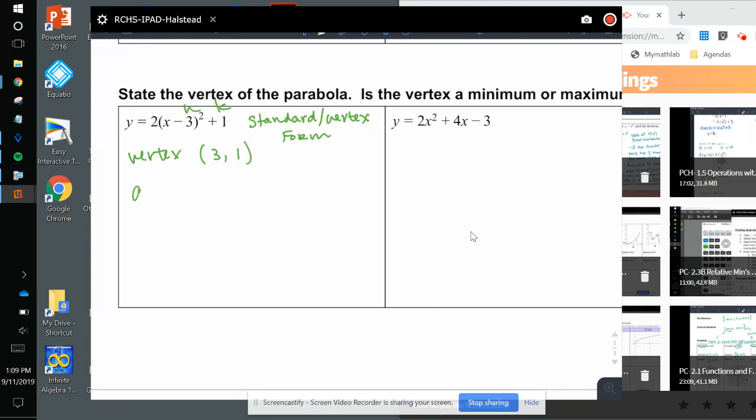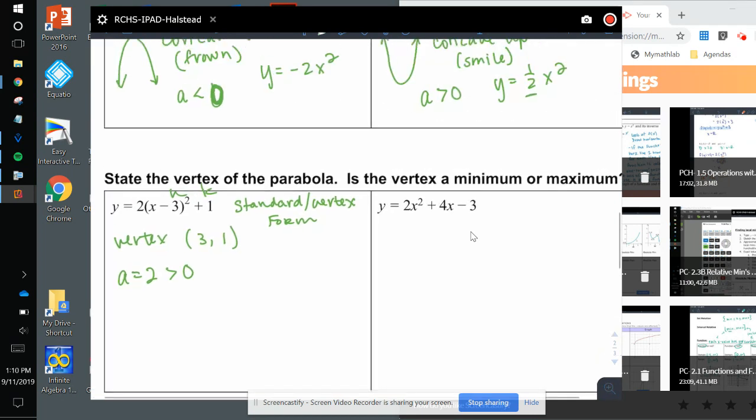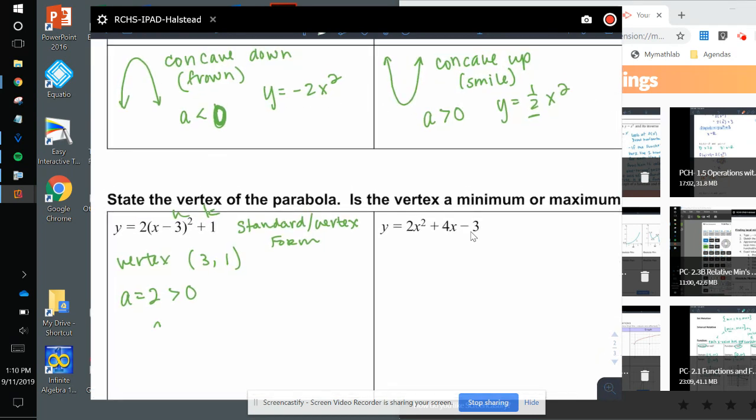And my a is equal to 2, which is greater than 0. So the graph is going to be concave up, which means that it has a minimum value. Okay, so up has a minimum value, down has a maximum value.